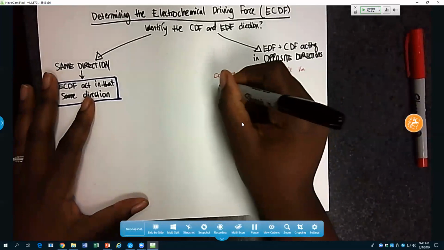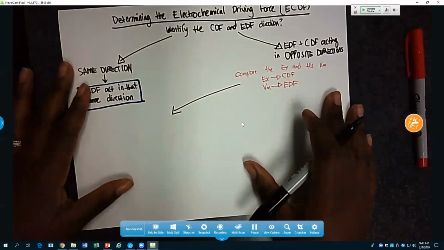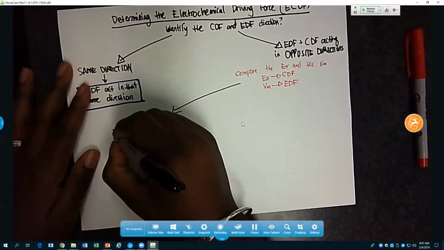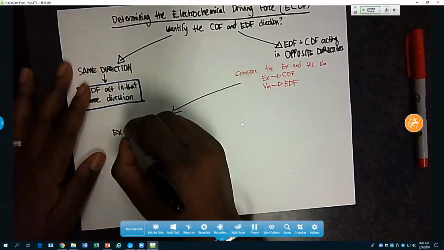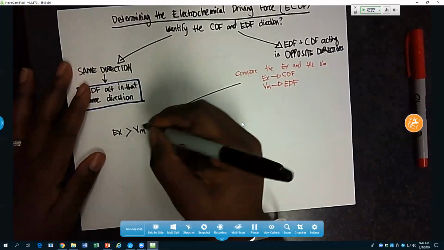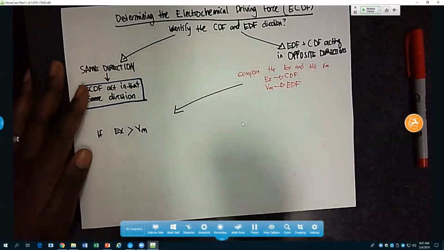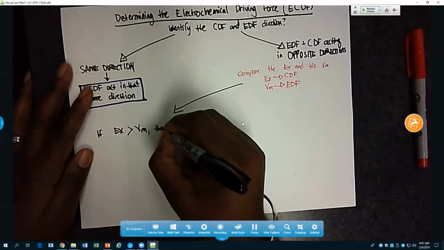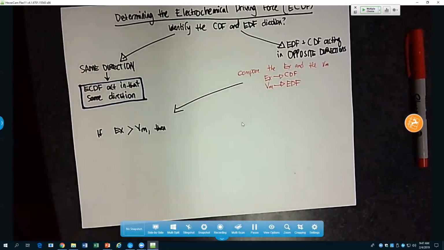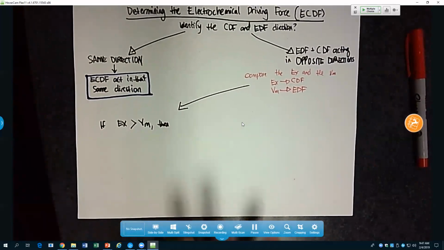The first scenario is that the equilibrium potential is greater than the membrane potential. If the equilibrium potential is greater than the membrane potential, then which of these driving forces is dominant? The chemical driving force, good.